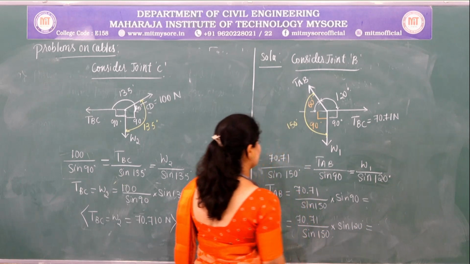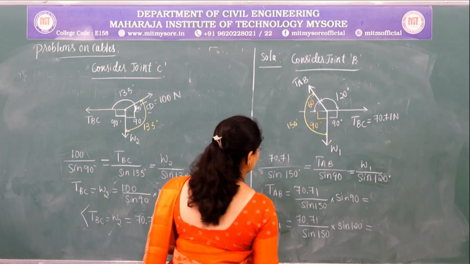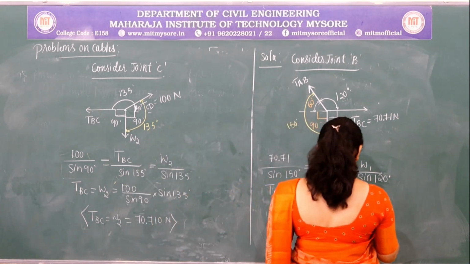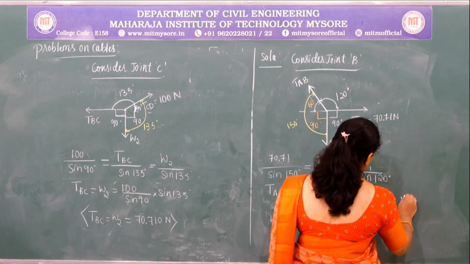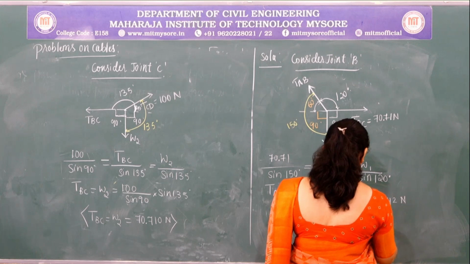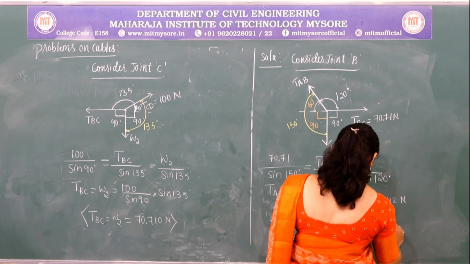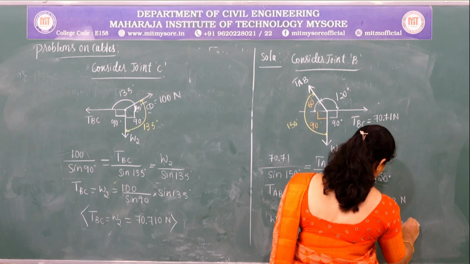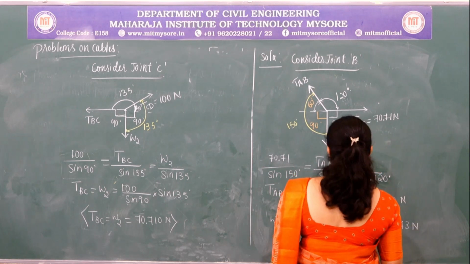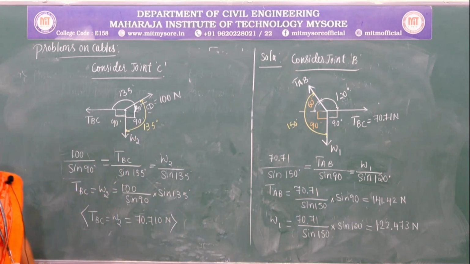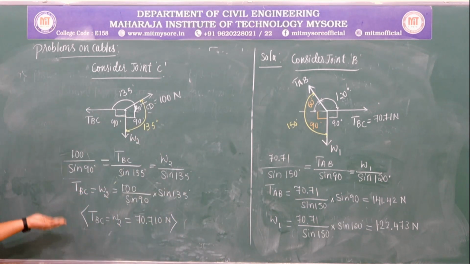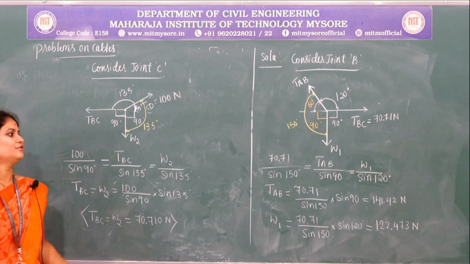So on solving this, we are going to get the value for TAB as 141.42 Newton and W1 is 122.473 Newton. So now we got all the forces in different segments of the given system of forces.